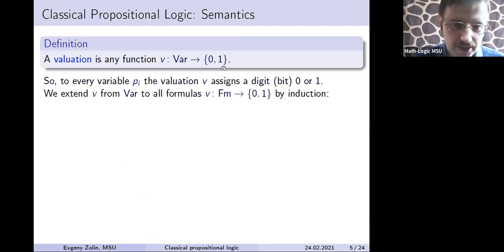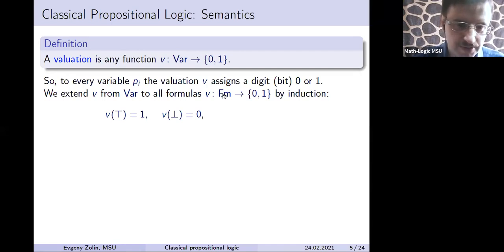And then this function v is extended from variables to all formulas by induction. Our formulas were built by induction, and evaluation is extended to them again by induction. And many proofs are carried out by induction. So for true and for false, this is always the same.